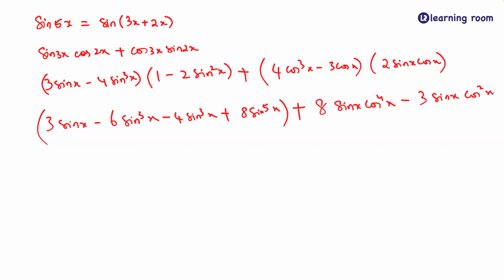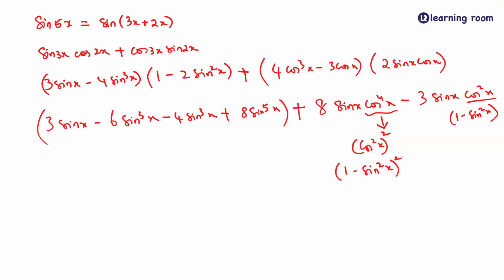Write it as 1 minus sin square x. Cos power 4 x, you'll write as cos square x the whole square, and this cos square x you'll write as 1 minus sin square x, the 10th standard identity: cos square x plus sin square x is 1.